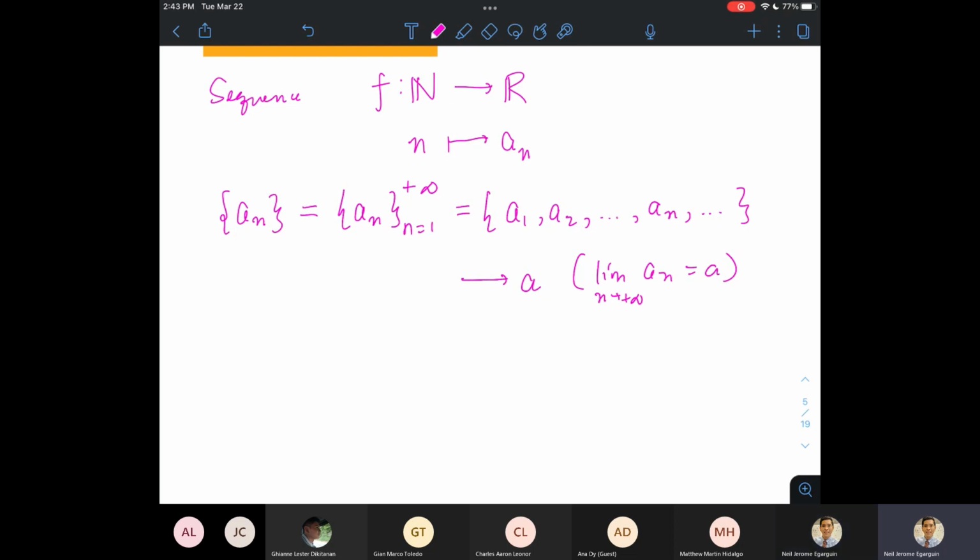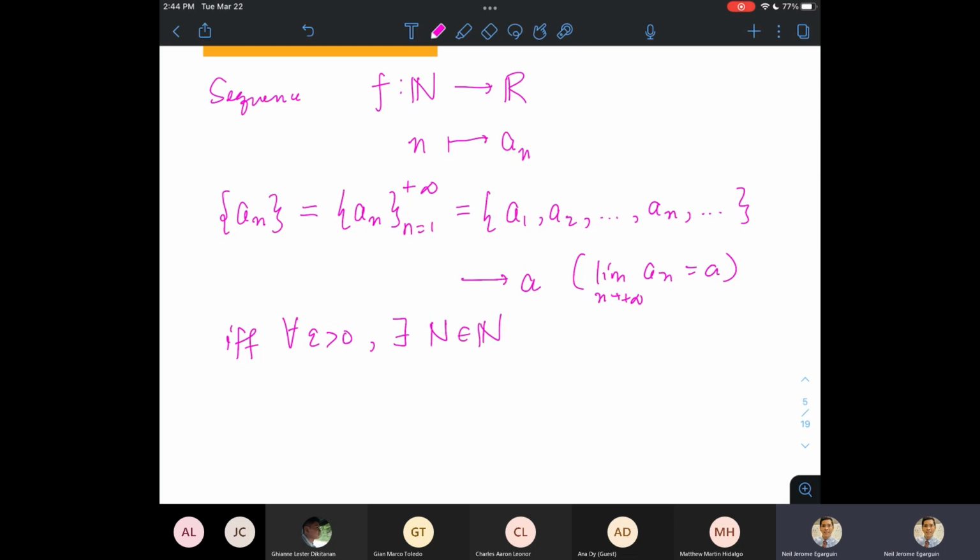All right, excuse me. Ganito natin siya kina-quantify. So that will happen if and only if, oh, by the way, it's a usual mathematical jargon. IFF is our abbreviation for if and only if. So if and only if for all epsilon greater than 0, however small it is, we can always find an index capital N, right?